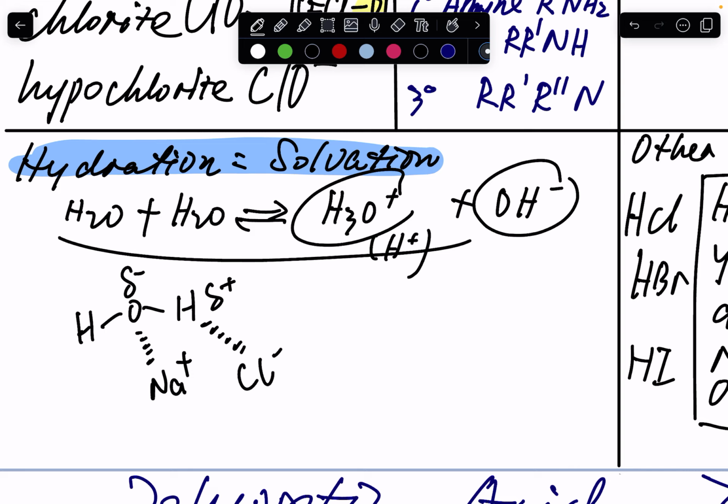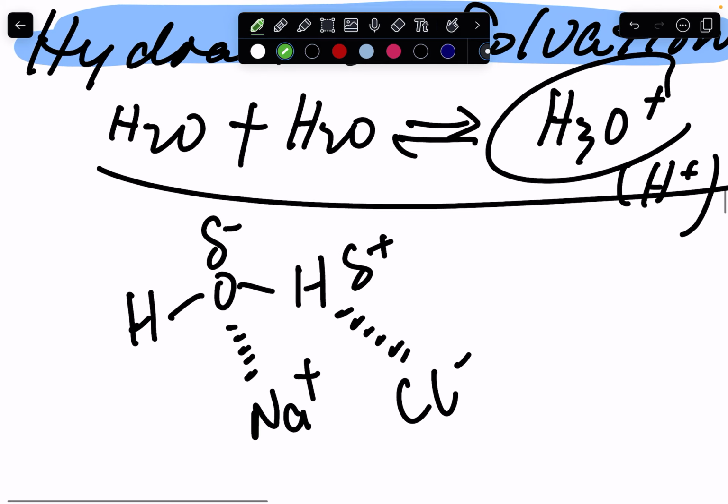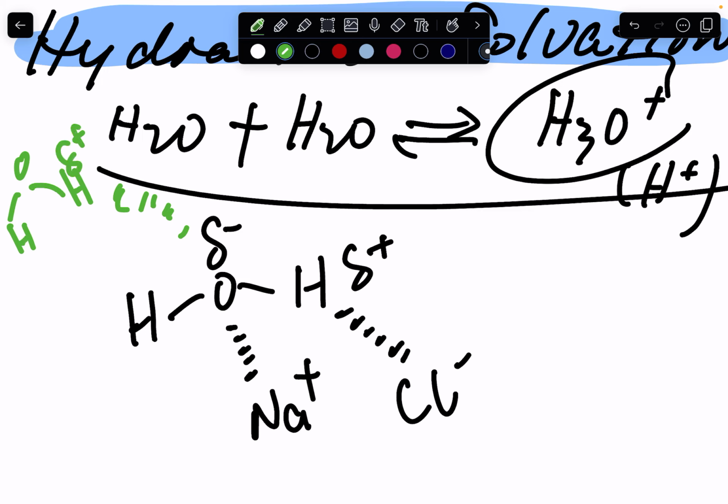That's called hydration. It's different from a hydrogen bond, because in a hydrogen bond, this partial negative oxygen is attracted to the partial positive hydrogen of another water molecule. That's hydrogen bonding: something partial attracted to something else partial.